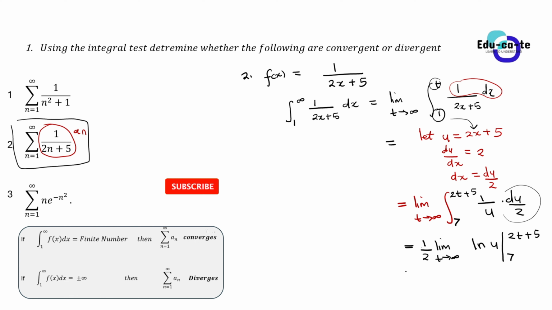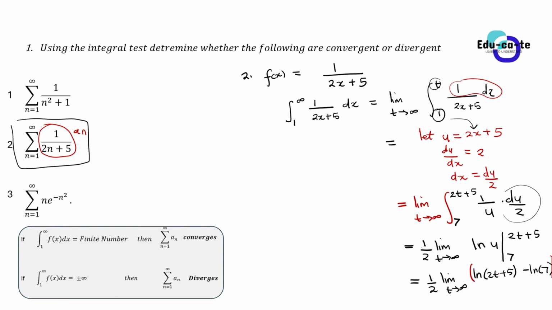Here where there is u, you are going to substitute the upper bound and the lower bound as well. So this is 1 over 2 times the limit as t approaches infinity of ln of 2t plus 5 minus ln 7. Now that you have this, you can evaluate the limit as t approaches infinity for this first term.